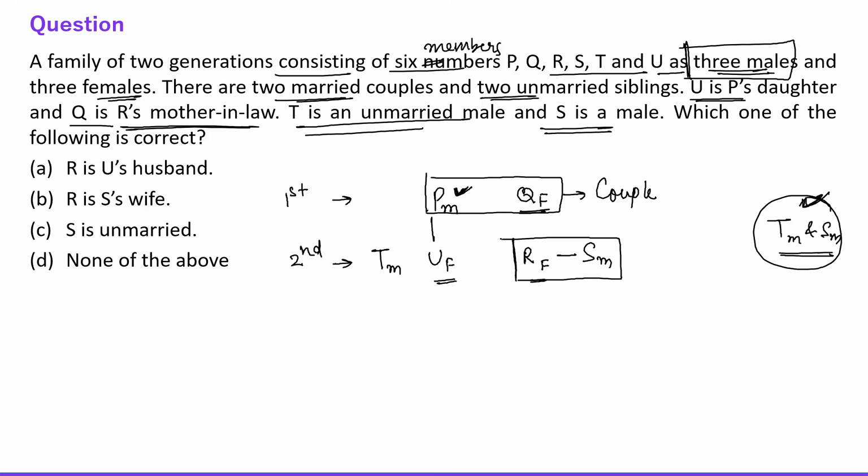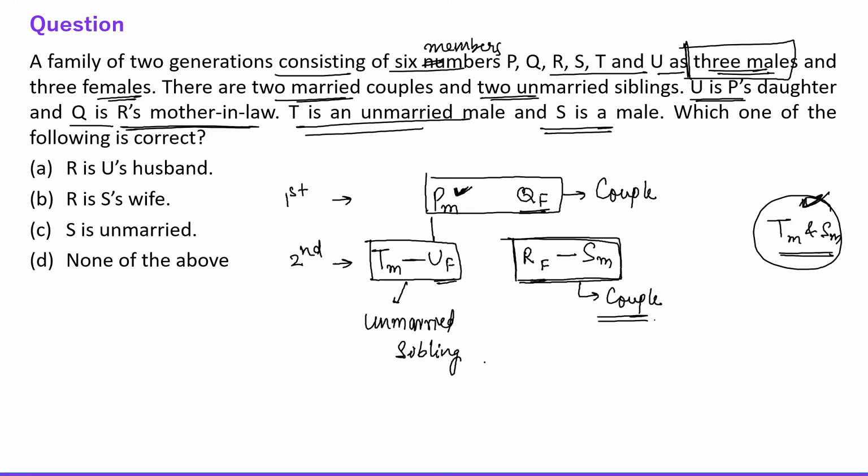S will be the husband of R, and this will be the married couple in the second generation. And these two, T and U, are unmarried siblings. Okay, so this is the family tree.